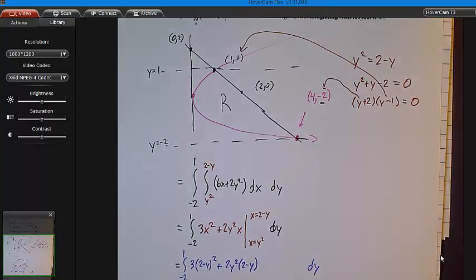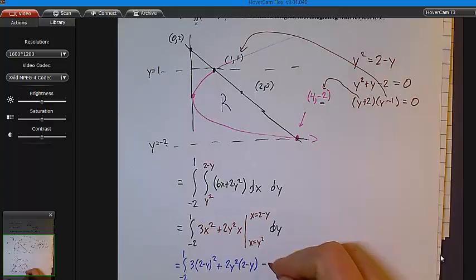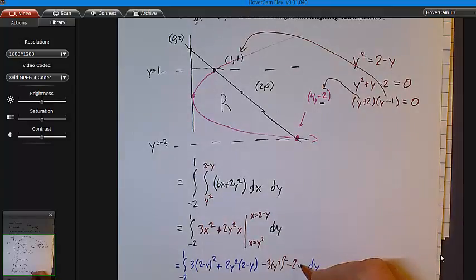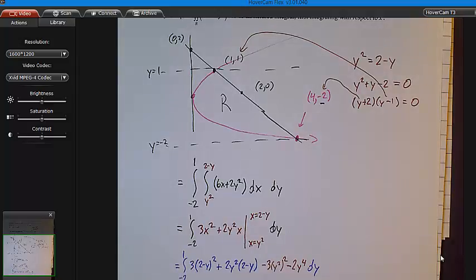That's the f of b, if you want, minus 3y squared is squared, minus 2y to the 4th, right? Because I plugged in a y squared next to the other y squared. The minus is because I'm really subtracting the whole thing. Questions so far?